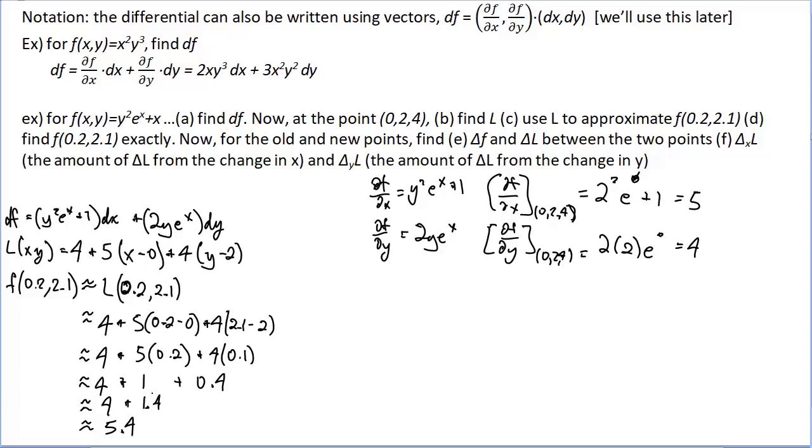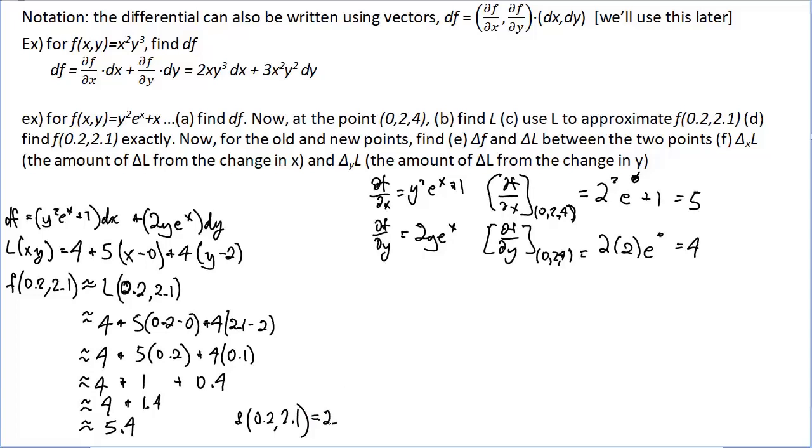Let's also figure out what it is exactly. Part D says find it exactly. So f of 0.2, 2.1 is exactly, just plug it in.